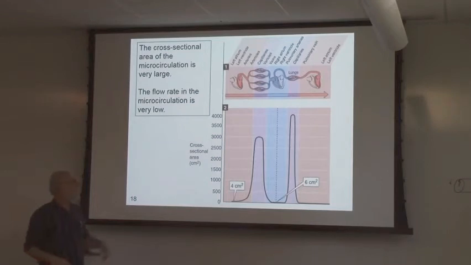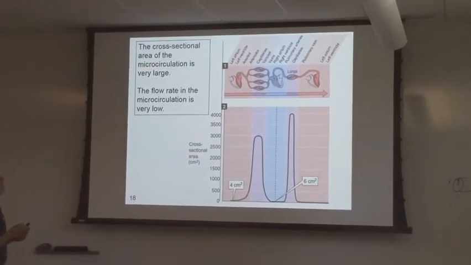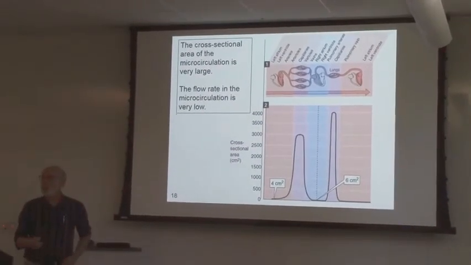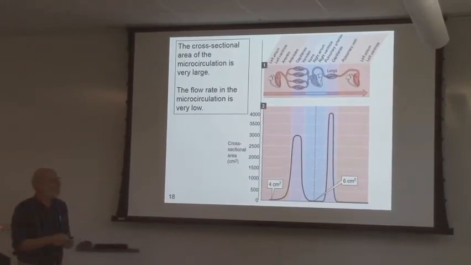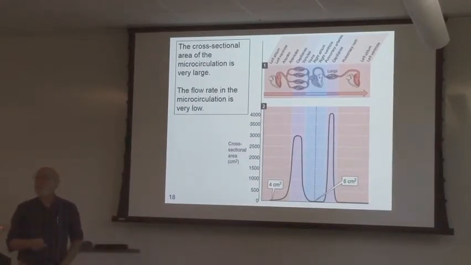And you'll see when you solve the problem that the rate of flow in the microcirculation is very slow. And the rate of flow in the aorta is pretty fast. You'll see that when you solve the problem.